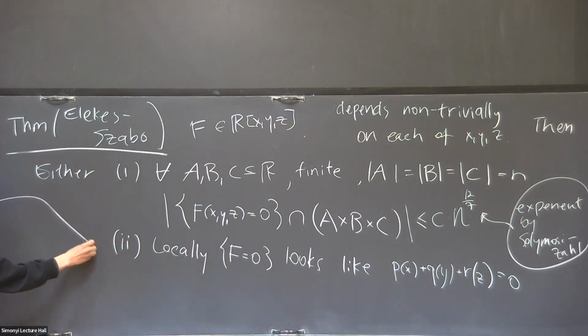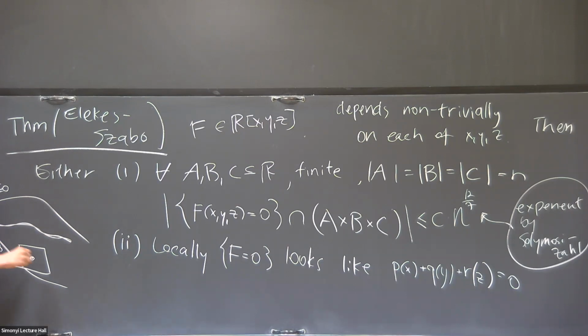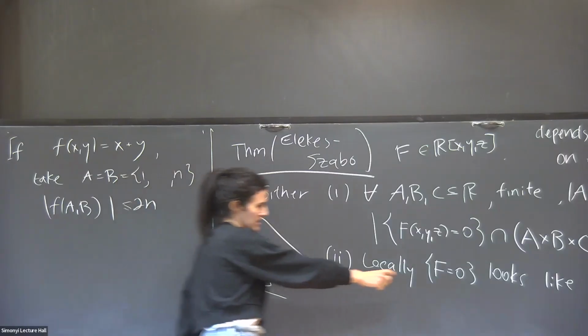So I didn't write the second item formally. If we look at this surface where F equals 0, we will have a subvariety where we can't say anything. But for any other point on this surface, we can take a neighborhood in R3. So this is a cube in R3. And for every point here, you can tell whether it is on the surface or not by checking this condition.